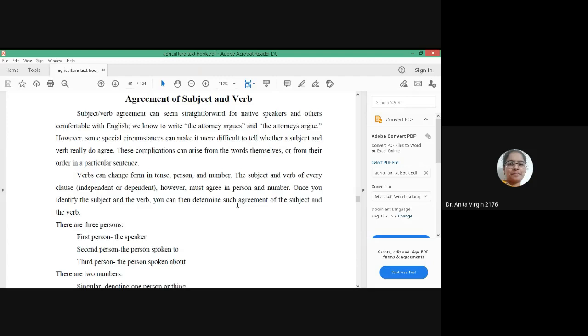So there should be a relation between the subject and the verb. Only then will the sentence be correct and perfect. That is what is expected in English, and that is what we are going to see in this part. If you know this, then you will not commit any blunders while writing or speaking.